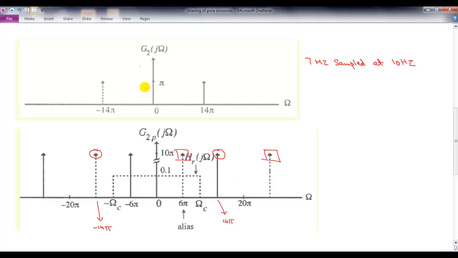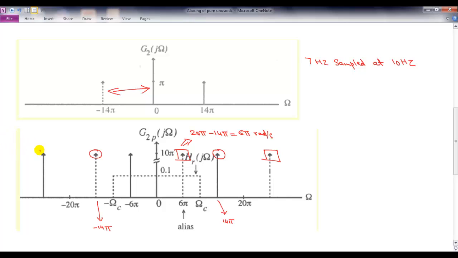Since the distance from 0 to the negative frequency is 14 pi, this boxed version is situated at 20 pi minus 14 pi, equal to 6 pi radians per second. So this negative frequency, due to the next copy, is now in the 6 pi region.